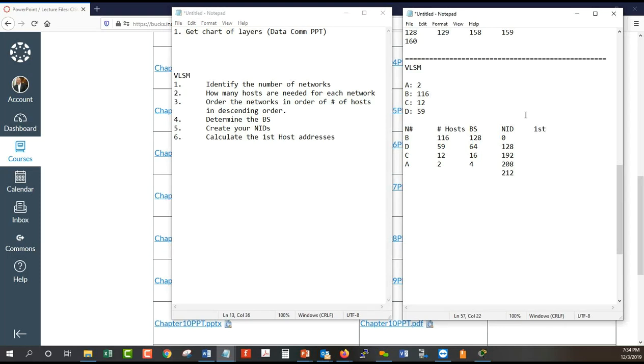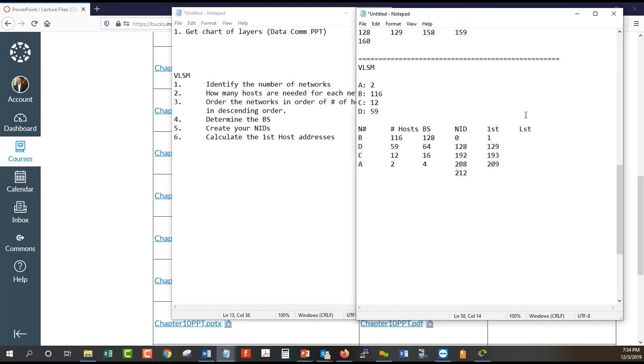So my first host address for each one of these. So one more than the network ID. So I've got a 1 here. I've got a 129 here, a 193 here, a 209, and I don't need to do this one. And next we've got last, but we'll hold off on that just a moment.